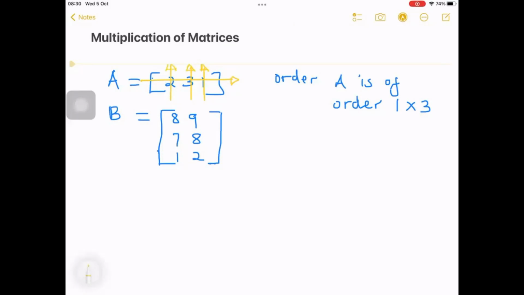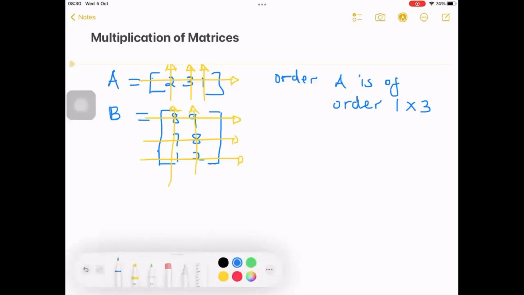When we come to matrix B, it is of order 3 by 2, meaning it has 3 rows and 2 columns. So it's of order 3 by 2.